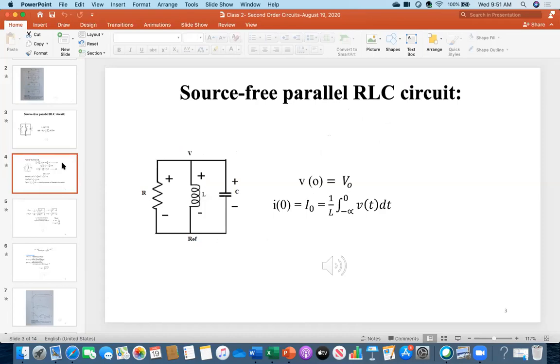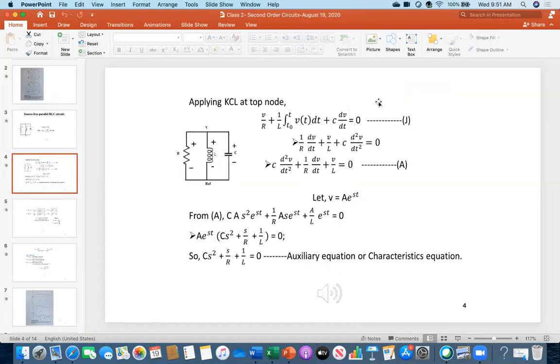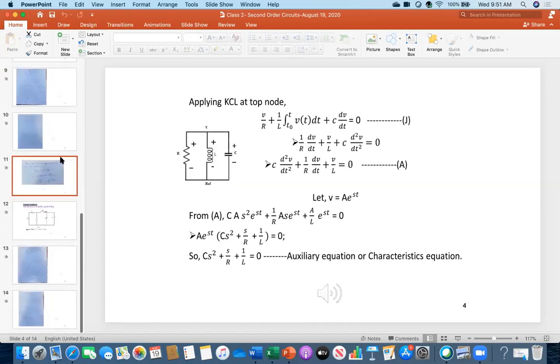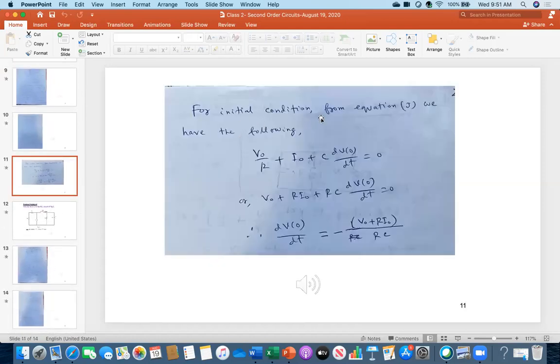So therefore, in this equation, I am considering t equal to 0 time. If I do that, then come back to what I was showing you. Everybody see, for initial condition from equation J, we have the following. So first term is v naught over r plus I naught plus C dv naught by dt.